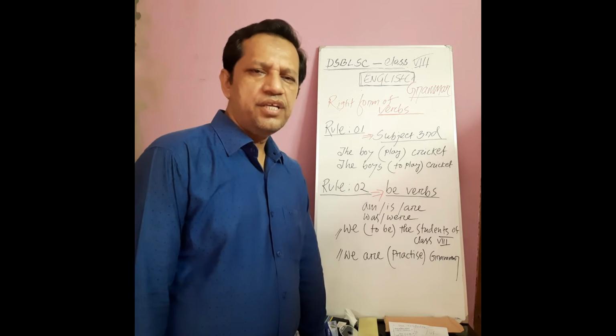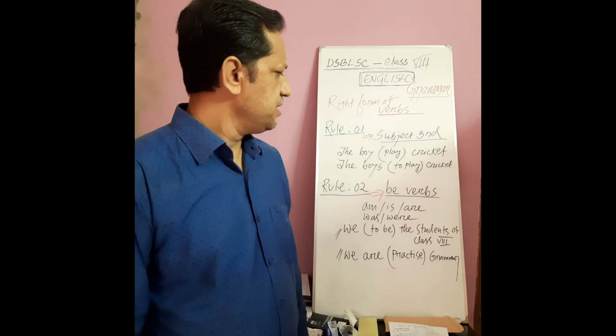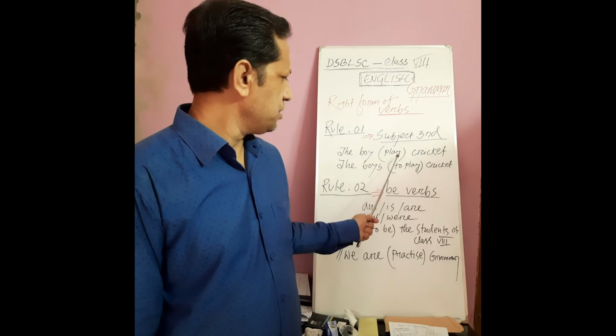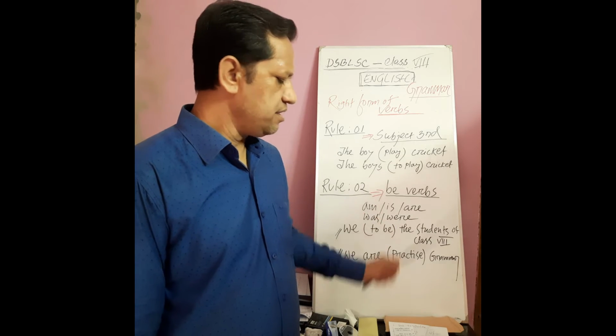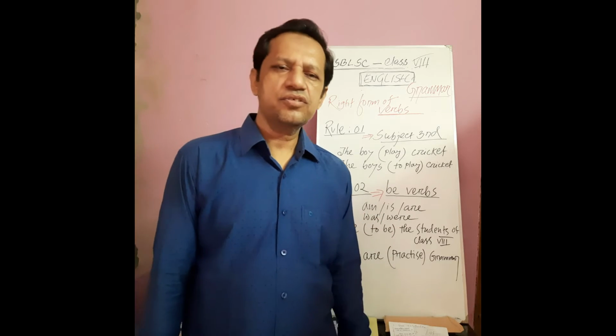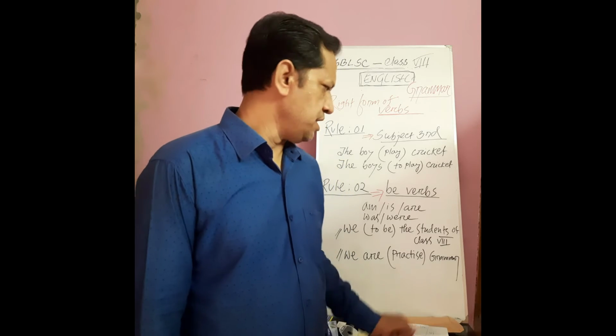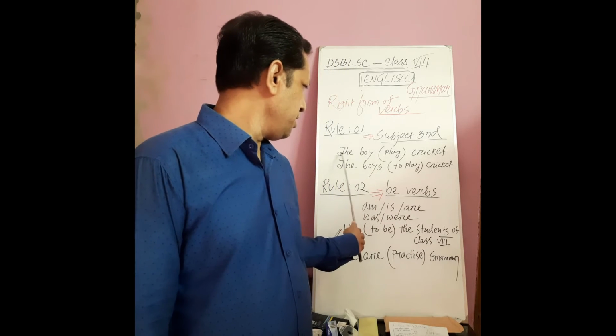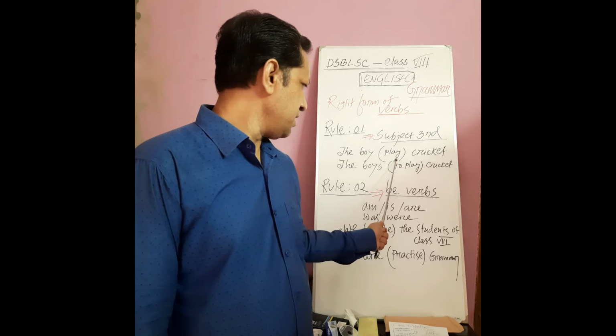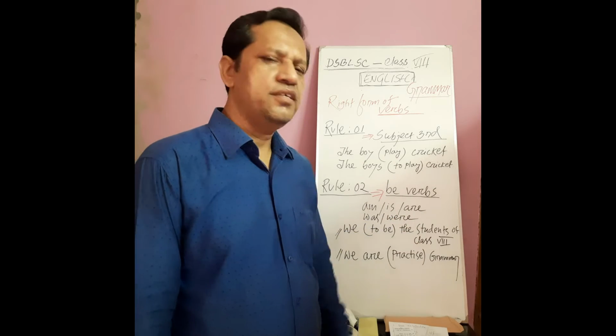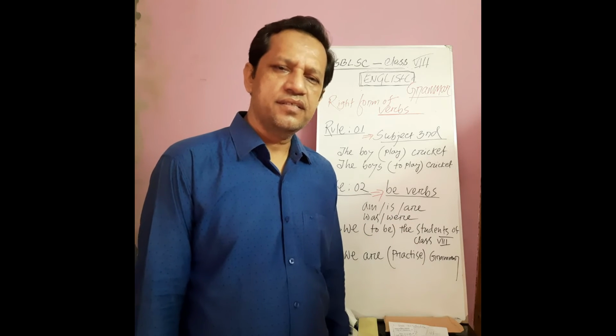That's why you have to add s or es with the main verb. That's why the correct form of the verb is the boy plays cricket. The boy plays cricket.